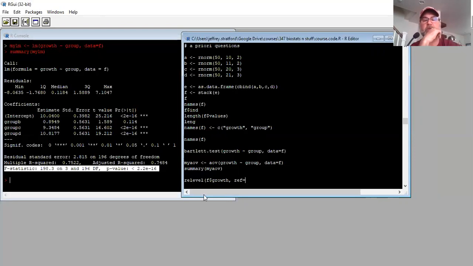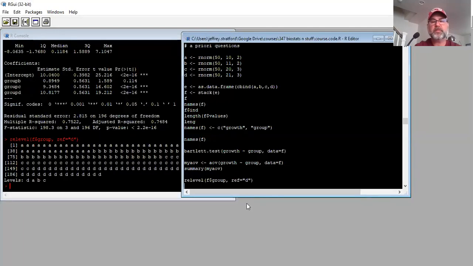So what it's doing is it's going to go to the vector. So not growth, we want group. Okay. We want reference to be D. Okay.